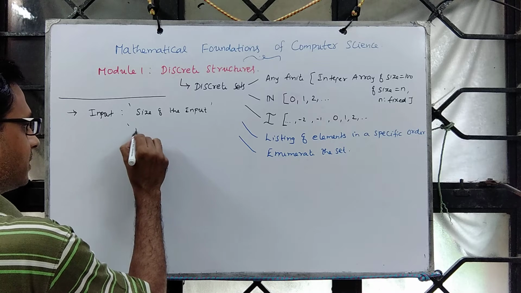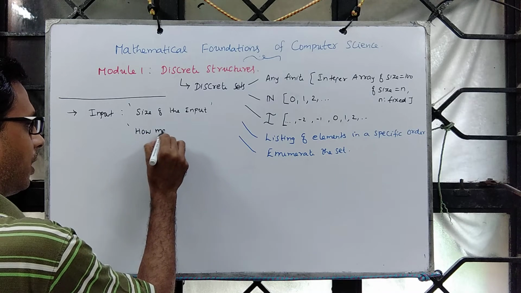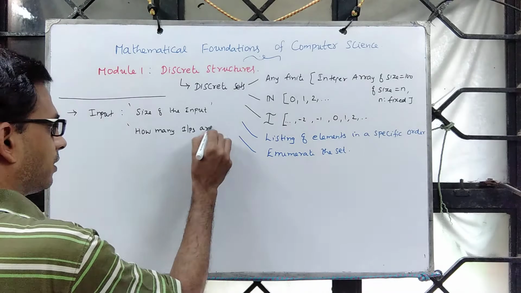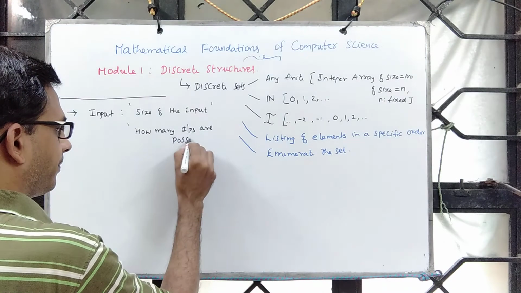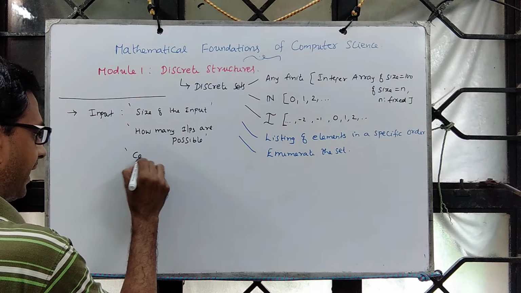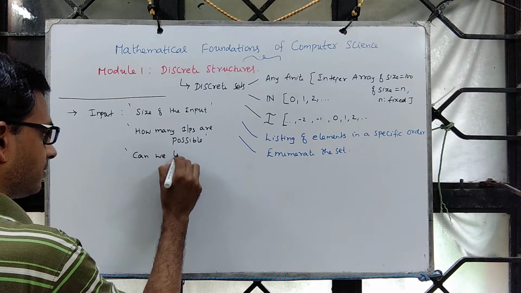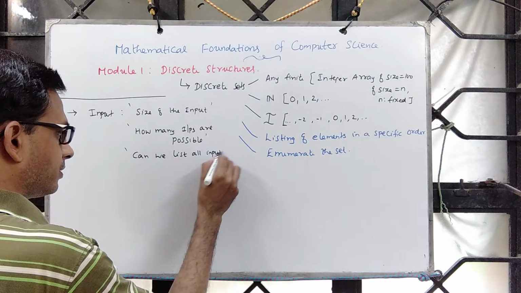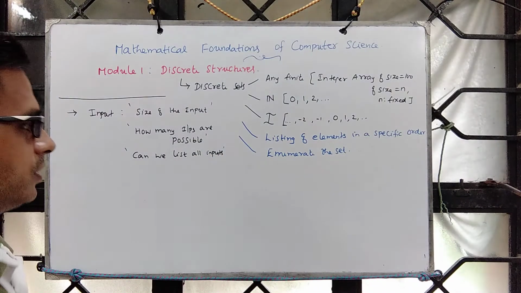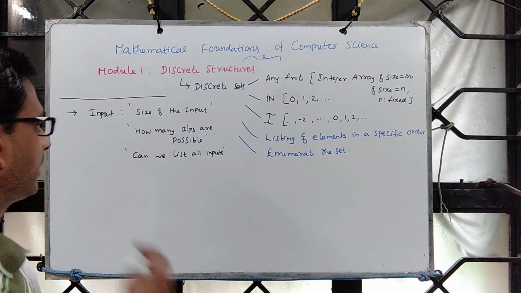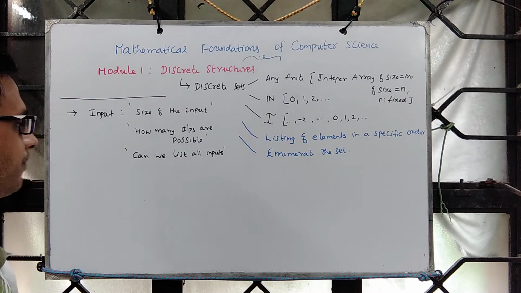Second question is, how many inputs are possible? Next one, can we list all inputs? So questions like this we would be interested in when we talk about the input as such.